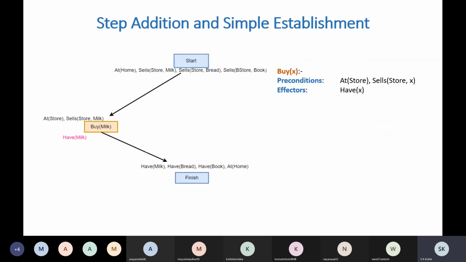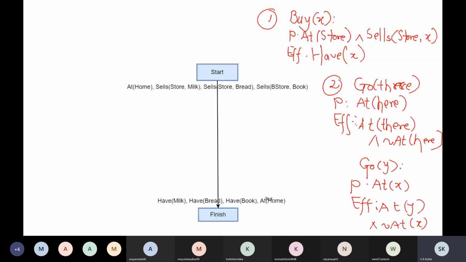So now let us understand this. What we have to do, we want this have milk to be true. To make have milk true, you will have to add a step.